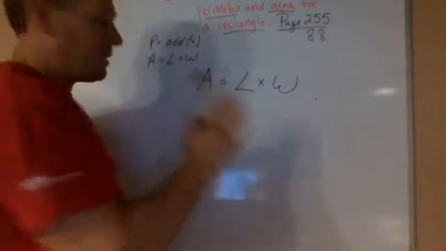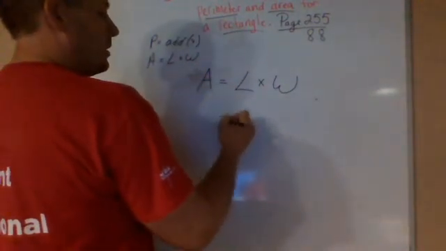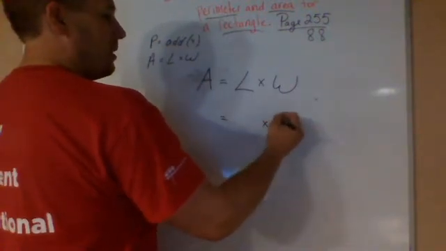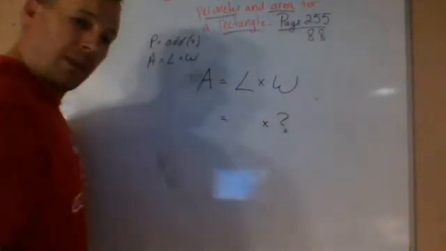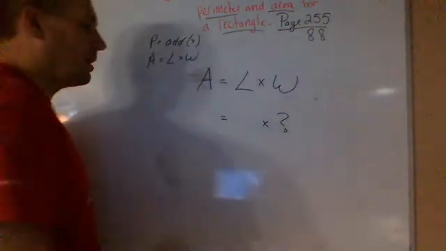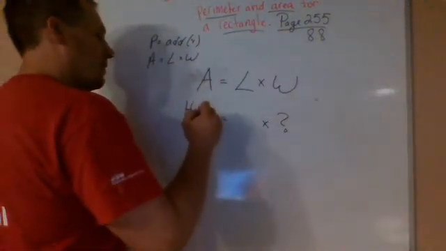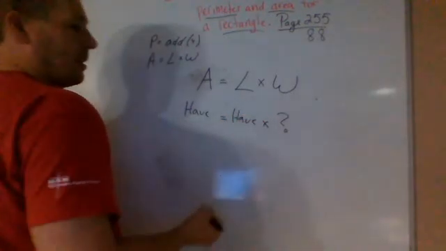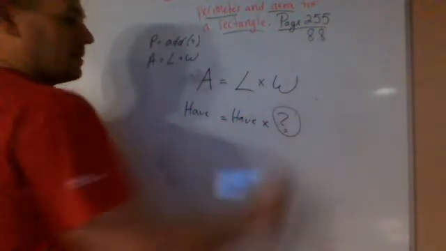But what happens if I know my area, I know my length, but I don't know what my width is? So if you have area and you have length, you'd have to figure out what this is.